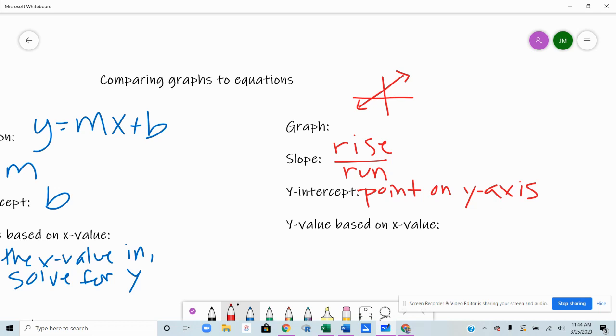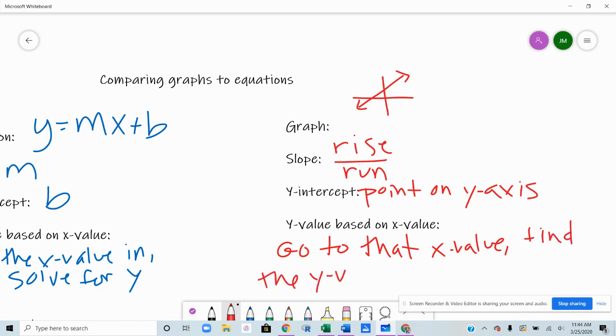And then the last part, the y value based on the x value. So you're going to go to that x value, and then find the y value on the graph.